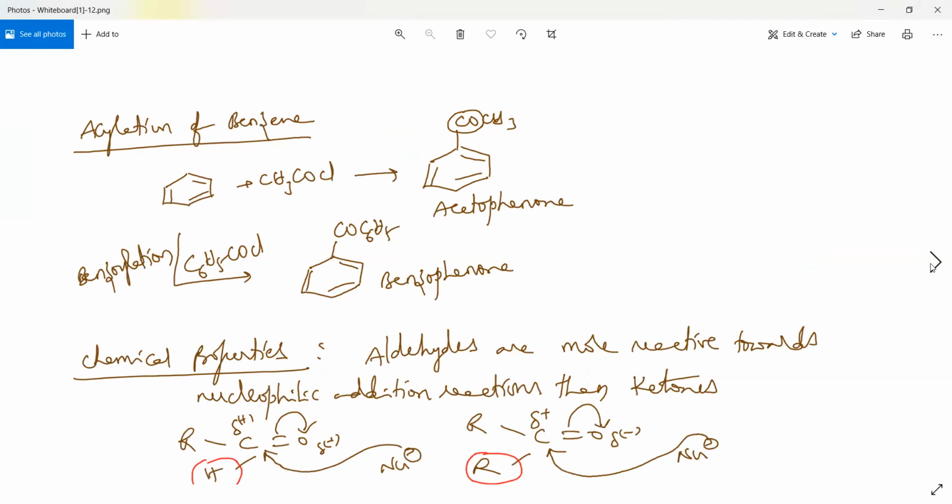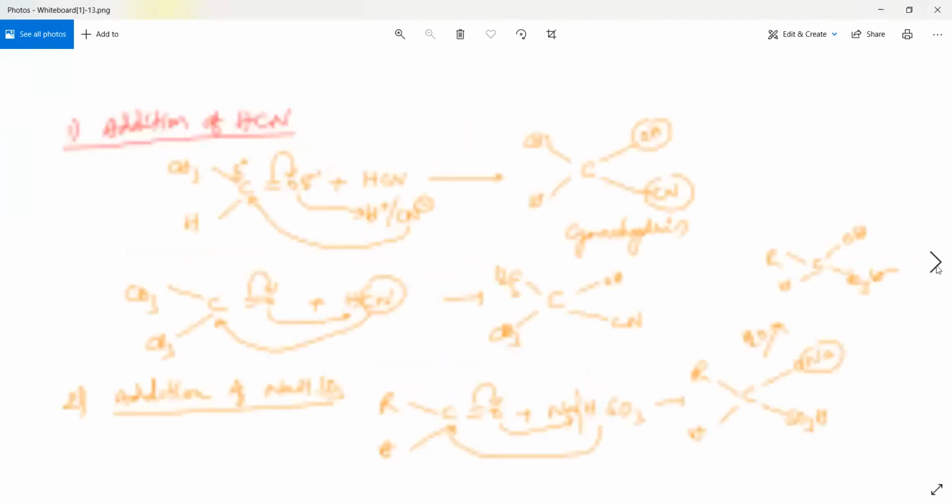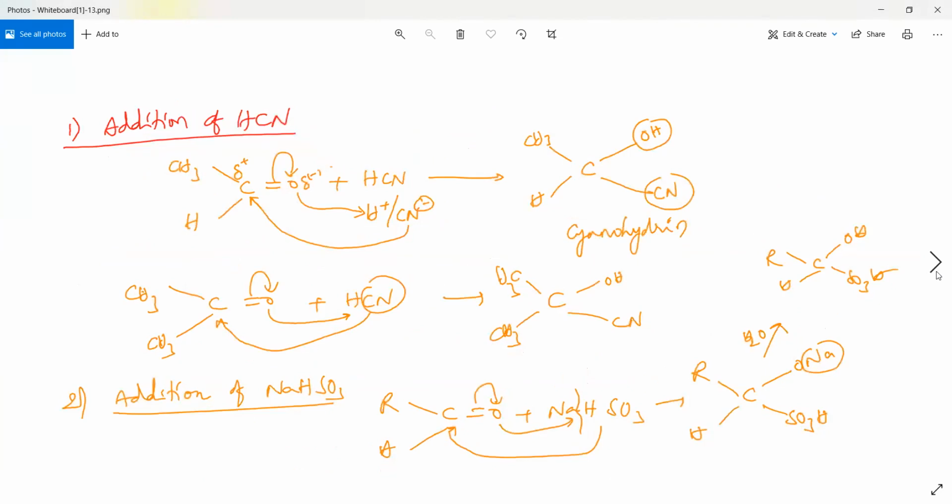Chemical properties now. Aldehydes are more reactive because steric hindrance is less. Steric hindrance is less, so the nucleophile will add to the carbon having fewer substituents. Next, addition of HCN.